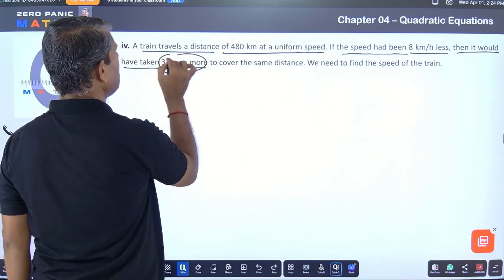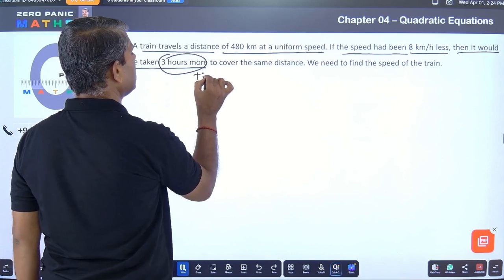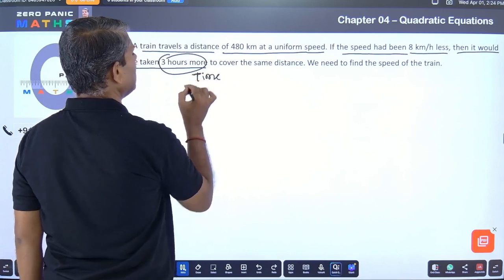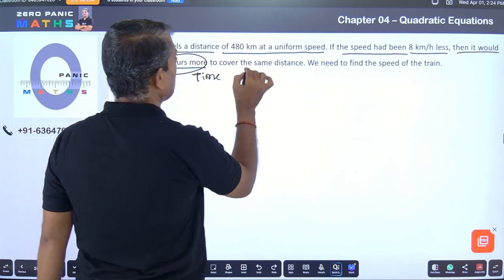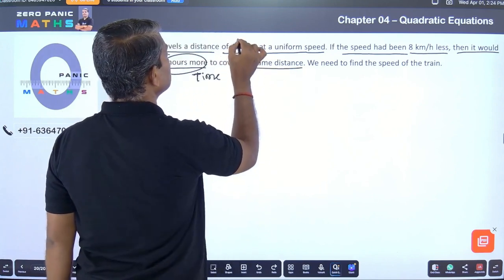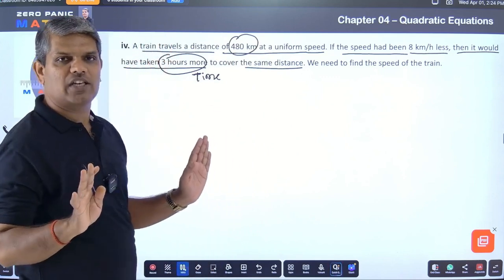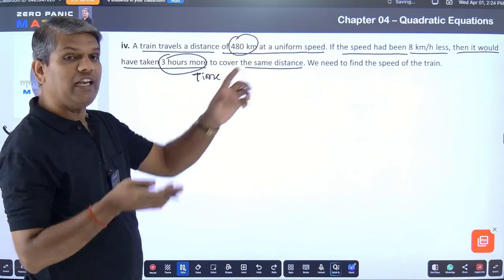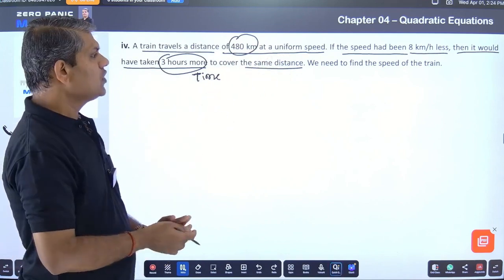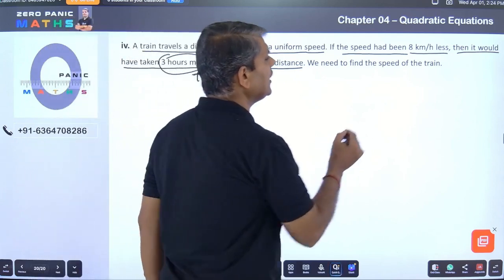So actually they are telling us the time: 3 hours more is the time to cover the same distance. The distance is 480 kilometers, and it is fixed, while the speed is getting changed here. Let us write a formula.